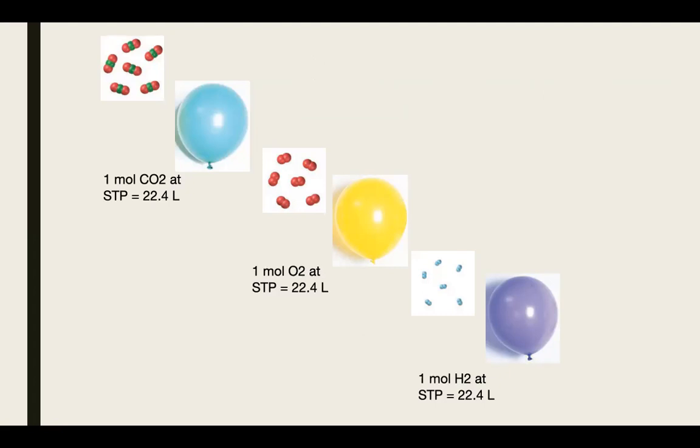This is a demonstration of Avogadro's law. So whether equal volumes of gas contain the same number of molecules, or the same number of molecules of gas have equal volumes, this is still a demonstration of Avogadro's law.